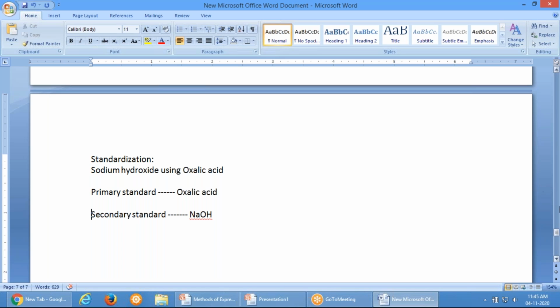So any other examples for primary standards? Sodium carbonate. Sodium carbonate is a primary standard, used to standardize acids like sulfuric acid and hydrochloric acid. So anyone knows what is PHP? Potassium hydrogen... Good.